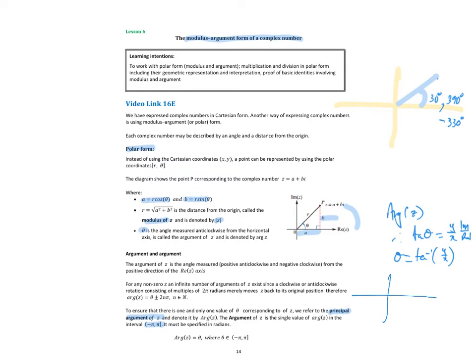Our Argand diagram, if we go from positive pi inclusive all the way around to negative pi not inclusive, we cover all the angles. So my principal argument of z has to be the angle between pi and negative pi, which is what we're saying there.